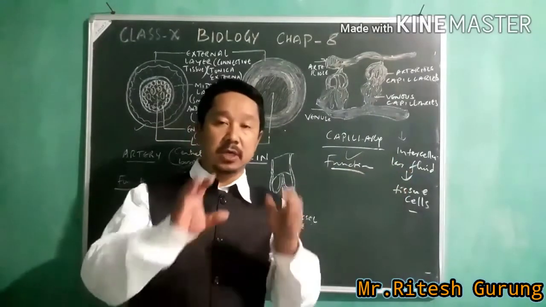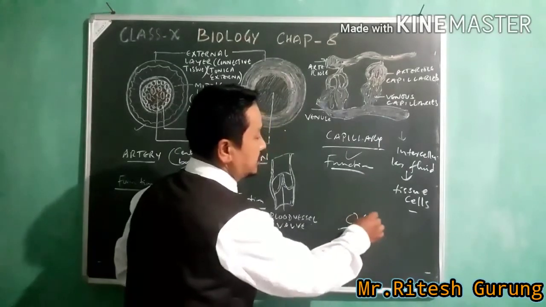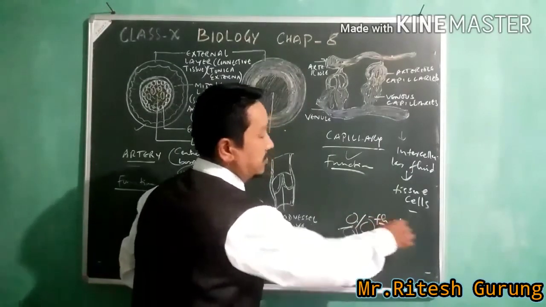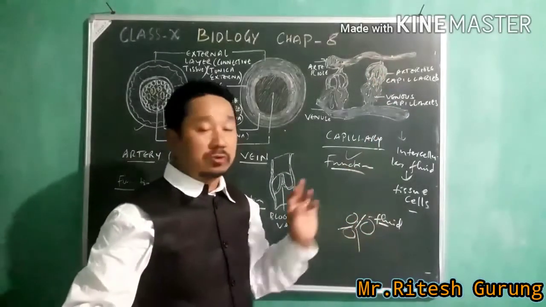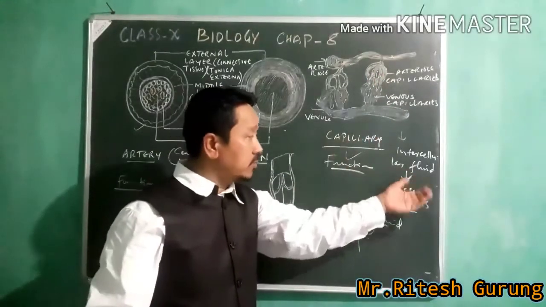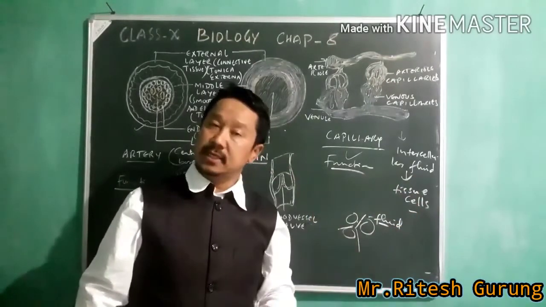Intercellular fluid means there are so many cells here, so in between the cells there is the fluid substance. It will allow the oxygen to go into this intercellular fluid, and from intercellular fluid to the tissue cells where the oxygen is needed.